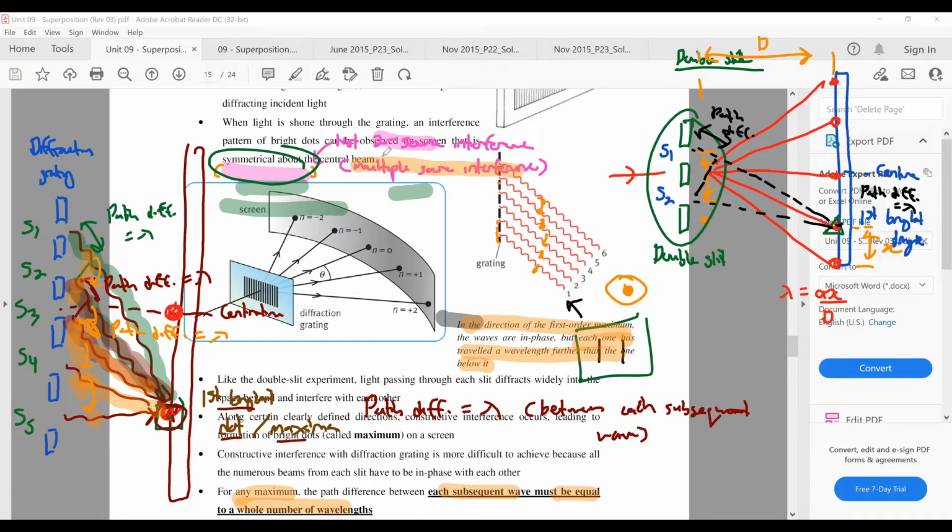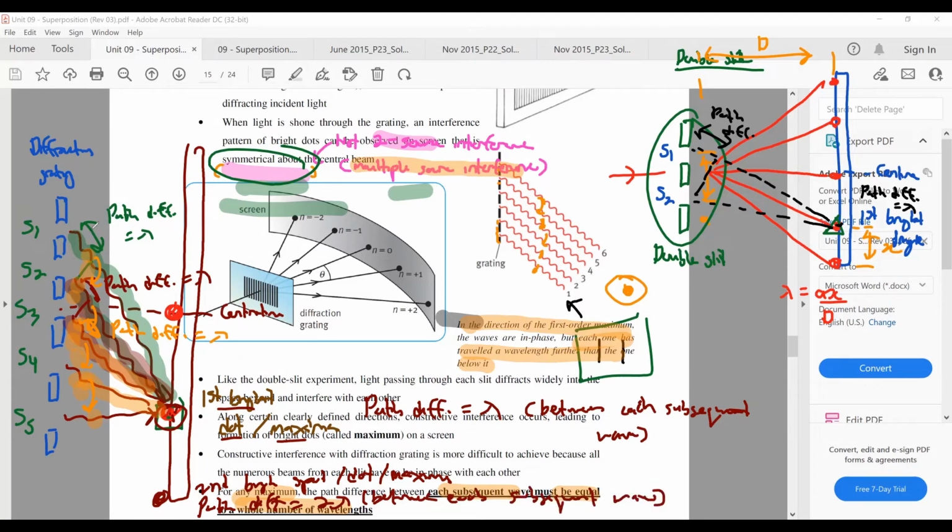So if this one is the first bright dot, each subsequent wave must have a path difference of lambda. If you're talking about the second bright spot, or second bright dot, or maxima, whatever you want to call it, the path difference must be equal to 2 lambda between each subsequent wave.